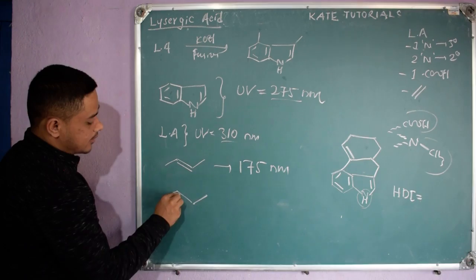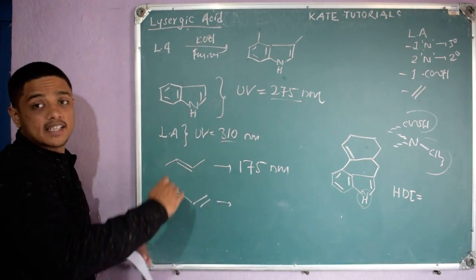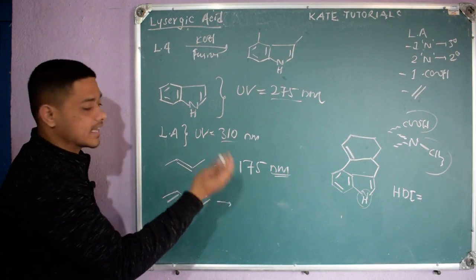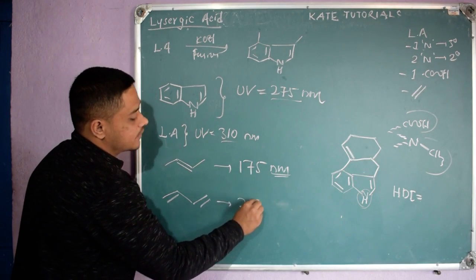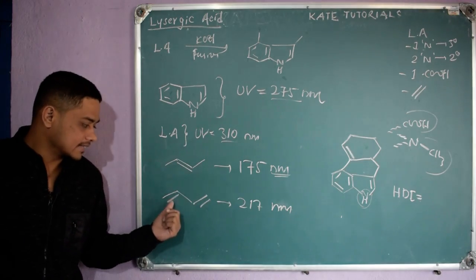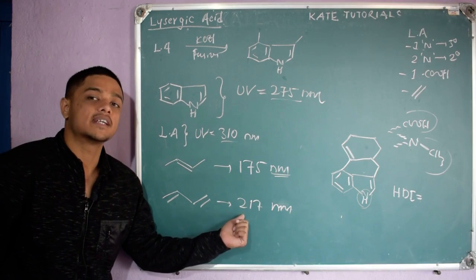If I take 1,3-butadiene like this, because of conjugation the energy decreases. As energy decreases, the wavelength will increase. If you see its UV spectroscopy, you will observe it at 270 nanometer. So what you have understood: as conjugation increases, energy decreases, so wavelength increases.